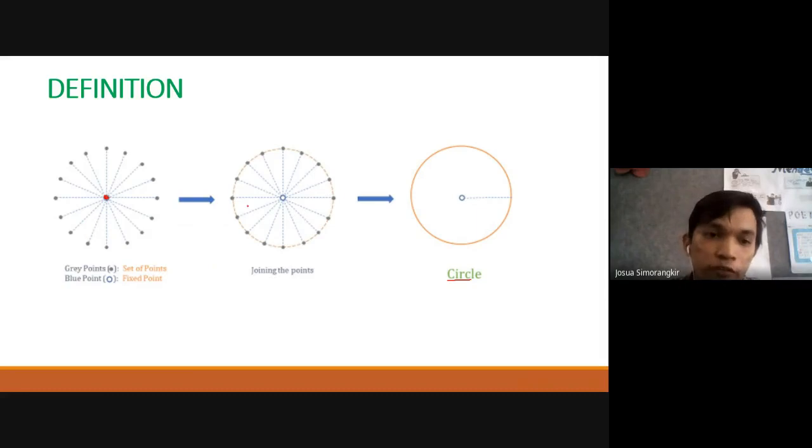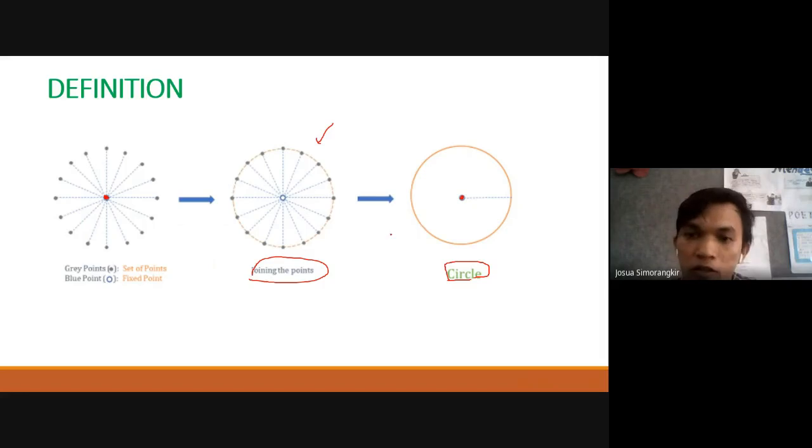If we join all the points, it will form like this. So if we have more and more points, we get a circle here. This is the circle, and here is the center point of the circle.